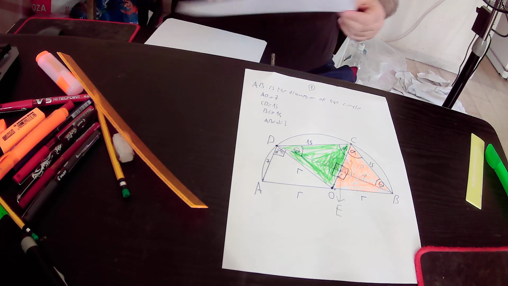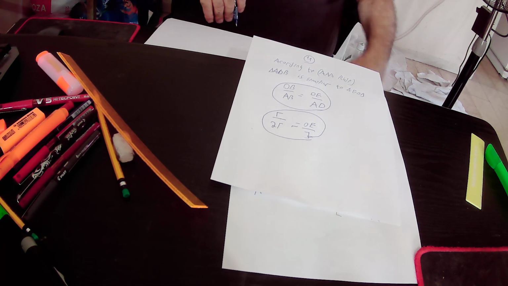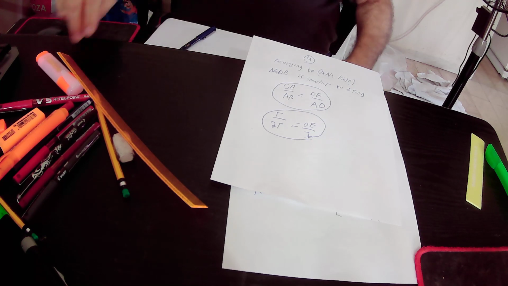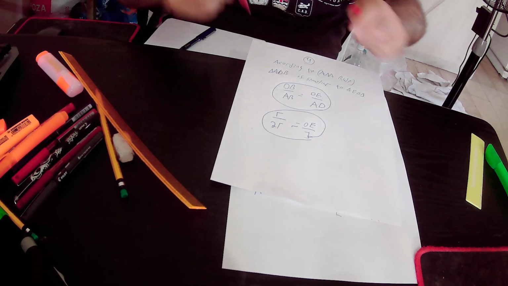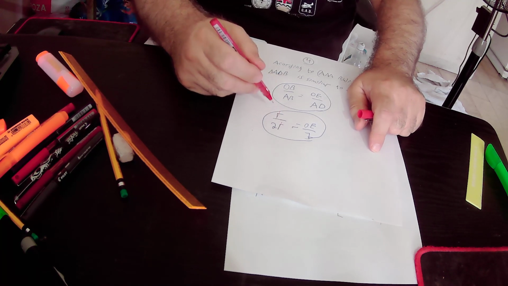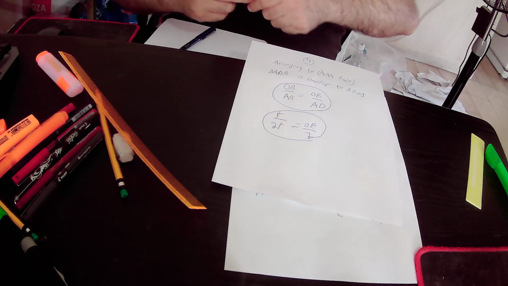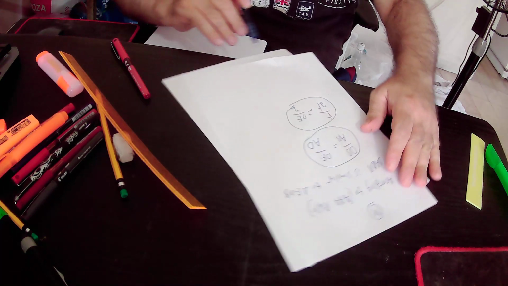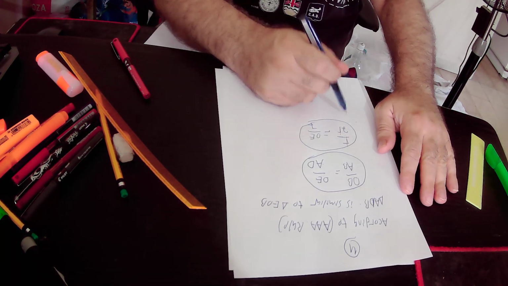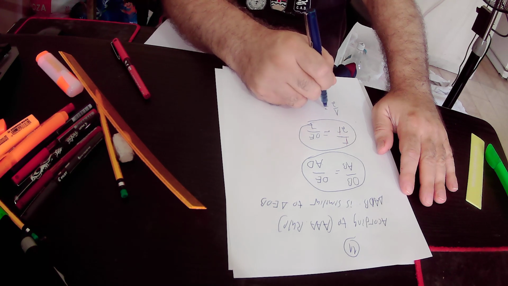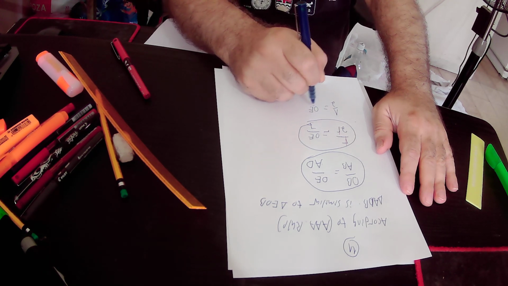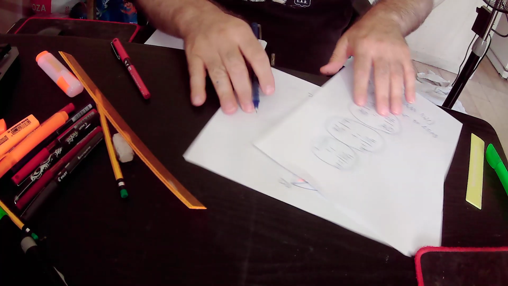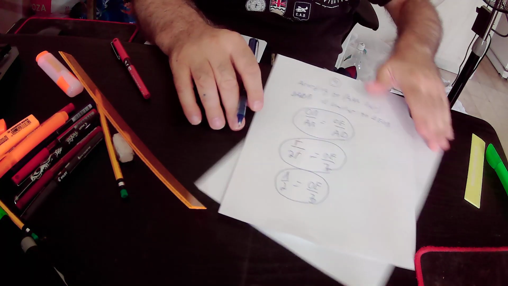So in total we got that R over 2R equals OE over 7. Here R over R is 1, so R is cancelled. What is left is 1 over 2 equals OE over 7.